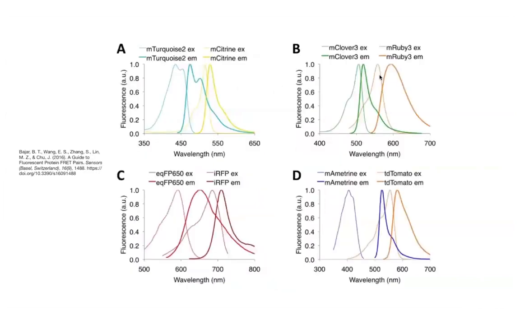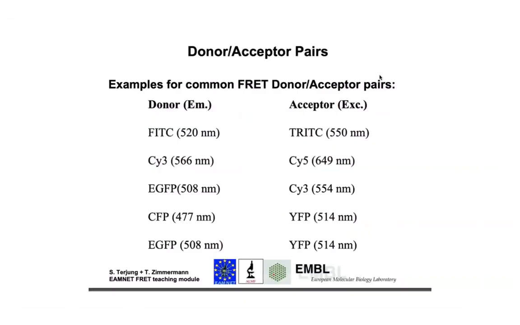So you can have different combinations of different fluorescent proteins and different small molecule dyes. You need the emission of the first one to be near the excitation of the second one. Often it won't be perfect, because we're talking in terms of the maximum, but remember we have that wiggle room, that more of a curve.